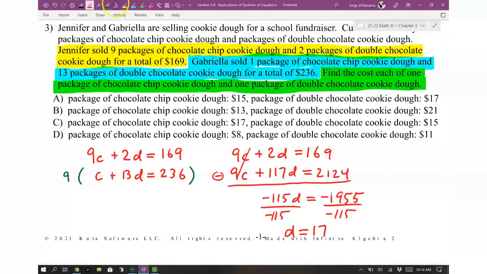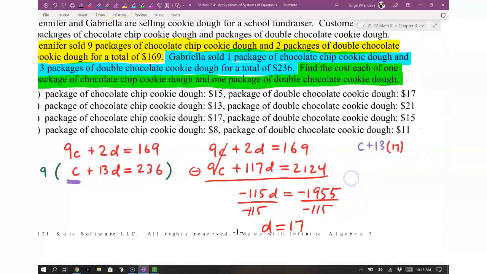You go back to your original two equations, these two right here, and you pick whichever one you feel is easier for you. I'm going to pick the bottom one because this one has a C all by itself. Okay? So I'm going to pick the bottom one. So C plus 13D, which is 17, that's my answer, is equal to 236.